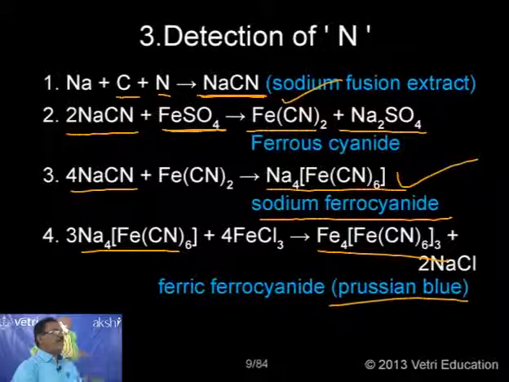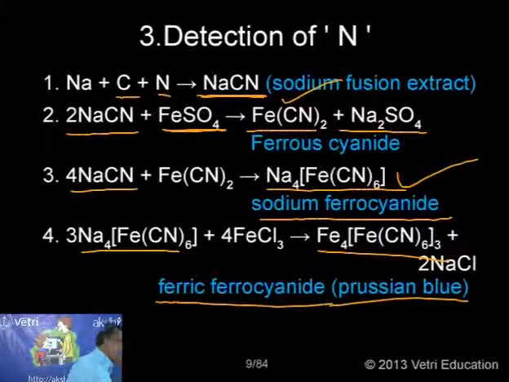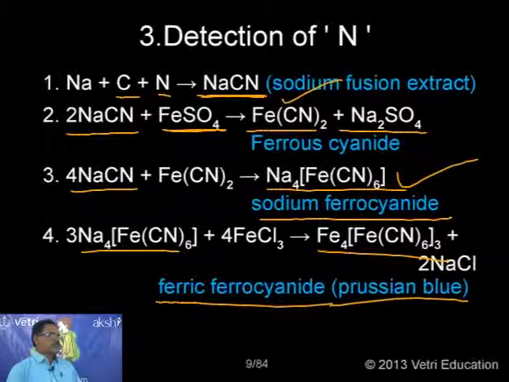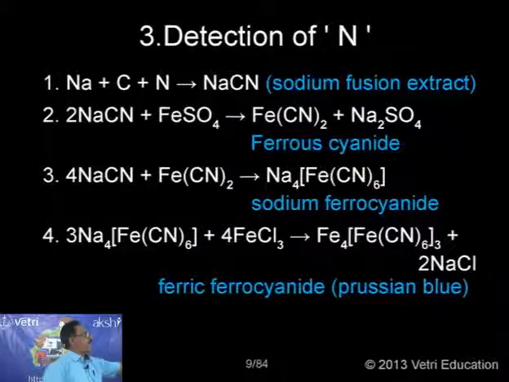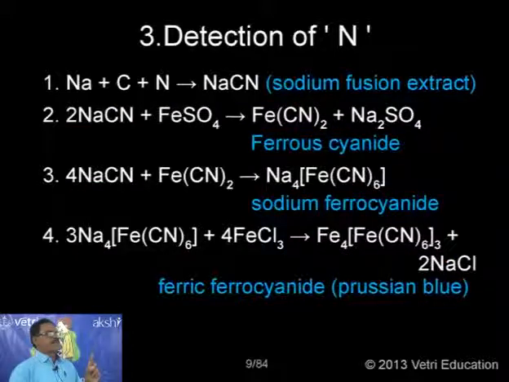So the formation of a blue, bluish green or green colored solution or precipitate is due to the formation of ferric ferrocyanide, or Prussian blue. Kindly follow. A question can be asked; that is the most important information. If there is any formation of a blue, bluish green or green color, that shows there is nitrogen.